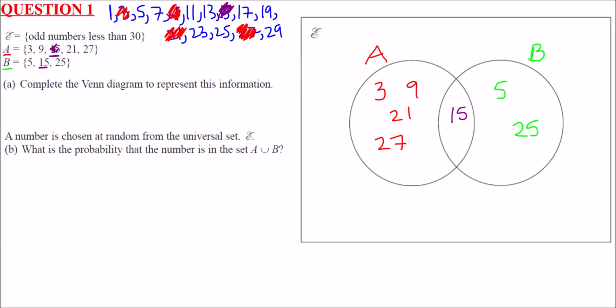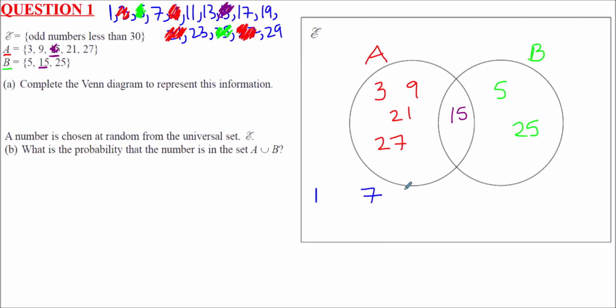A common mistake now is to think that's all completed, whereas actually it's not, because there are still some numbers which aren't written down in this Venn diagram. So 5 and 25 I can cross off. These other numbers I have not crossed off need to go into the Venn diagram as well somewhere. The other numbers are 1, 7, 11, 13, 17, 19, 23, 29.